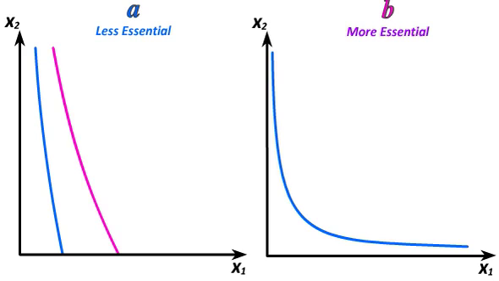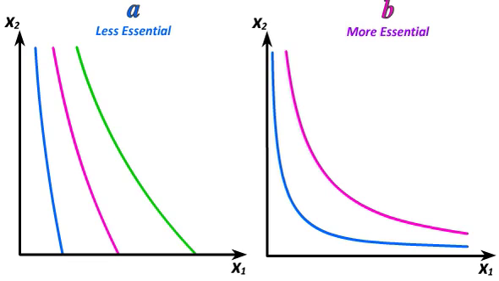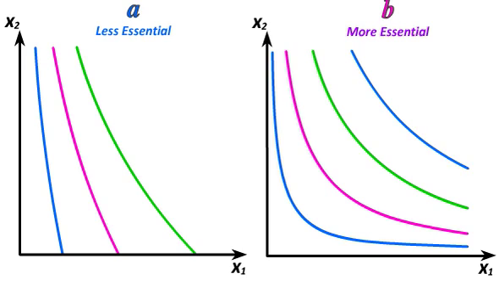We then add a second magenta indifference curve to each map, and again, the magenta indifference curve in panel A intersects the horizontal axis, while that in panel B only converges to it. Finally, we add a third indifference curve to each map, and again, the one in panel A intersects the horizontal axis, while the one in B does not.